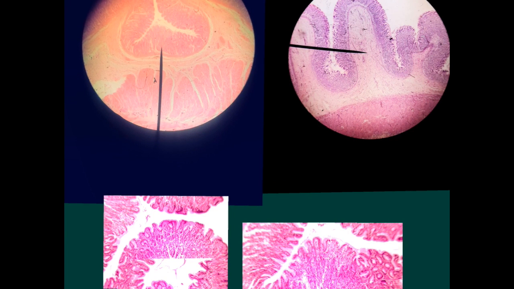With more magnification here, you can see under the microscope the appearance of a folded mucosa, and the glands are highly crowded. The pits are 1/4 of the thickness of the mucosa itself.